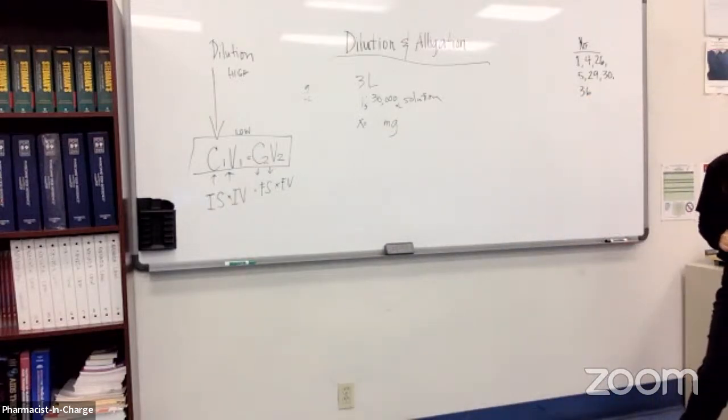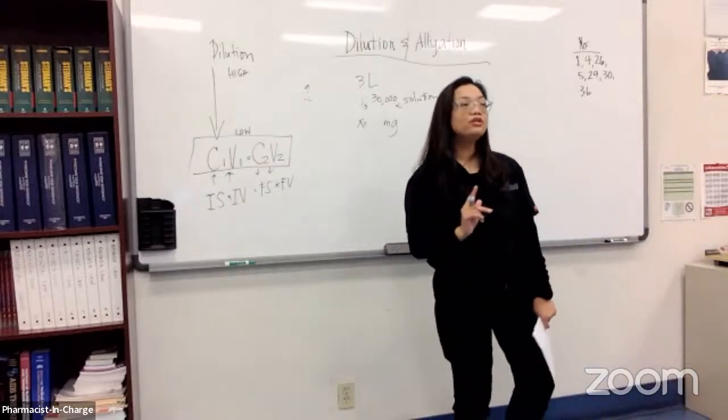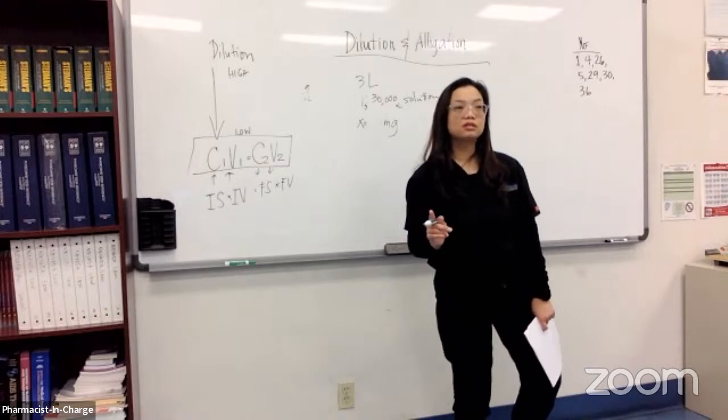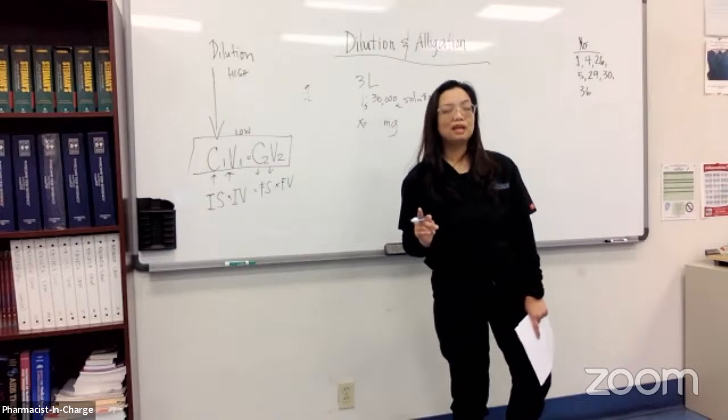So I can just simply use ratio and proportion as well. We did ratio and proportion. But when you use ratio and proportion, it has to be apples to apples.